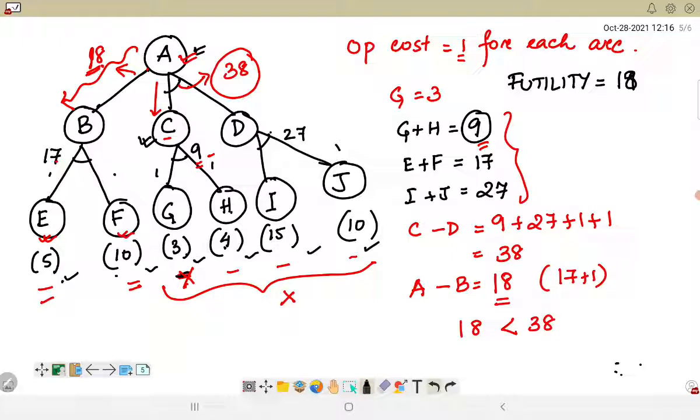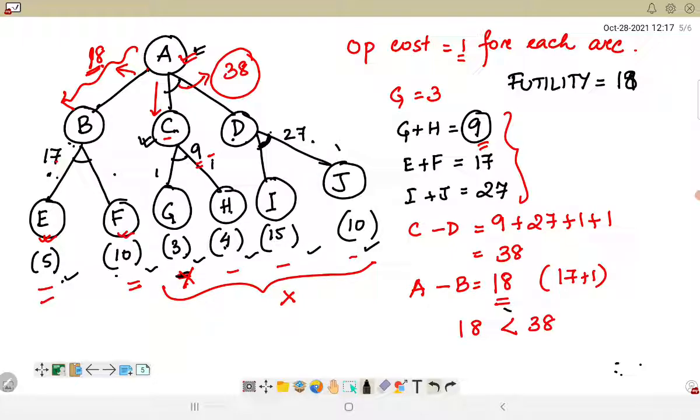If it is less than 18, we will examine those nodes and move to the next possible step which needs examination. So here, if we are considering B, C and D, the estimated costs that we have are 17, 19 and 27.